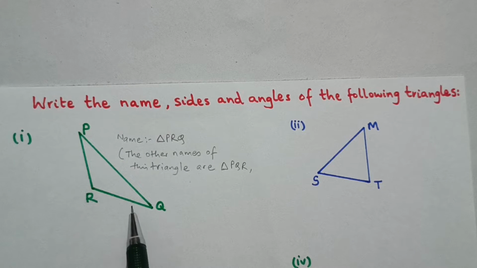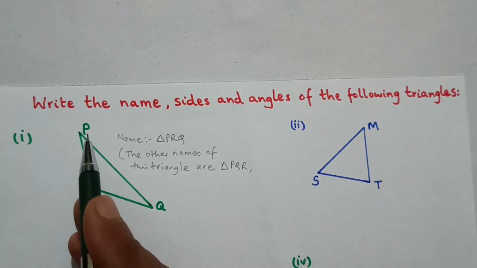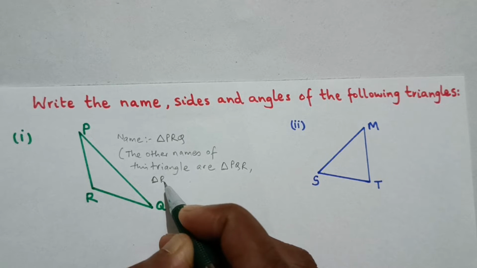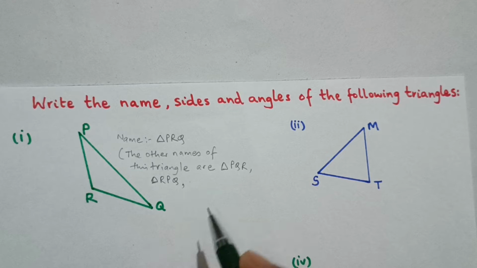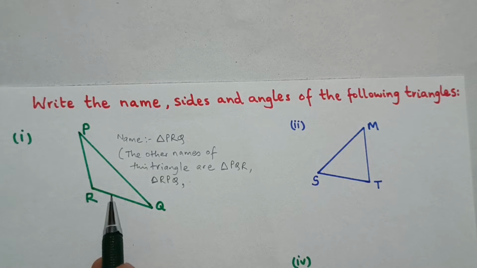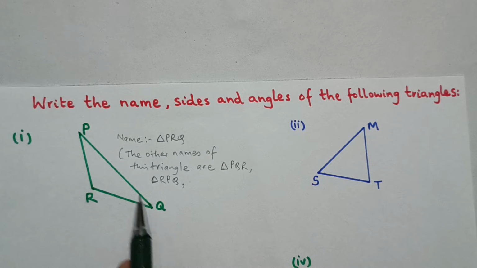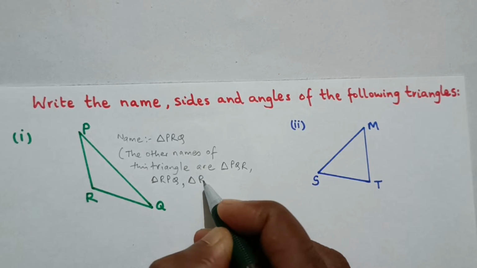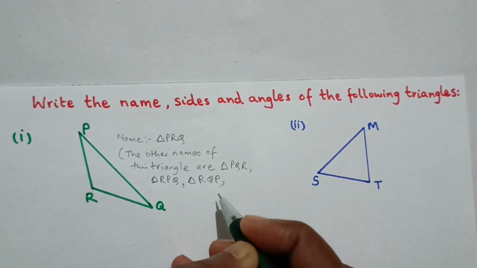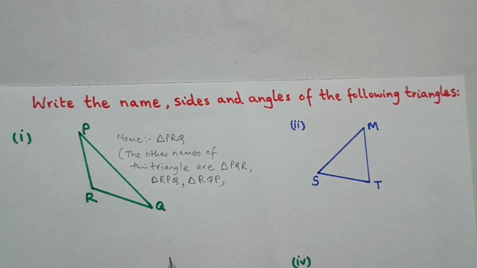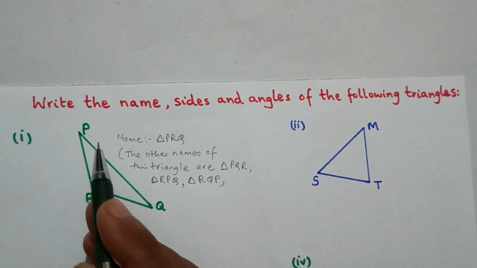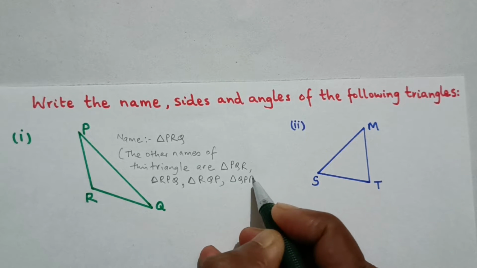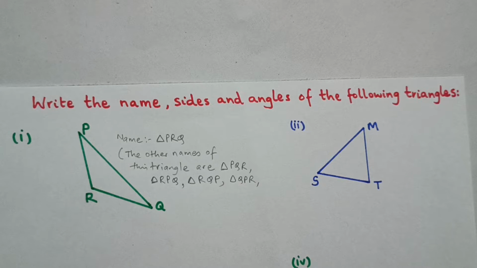Or you can call this triangle as triangle RPQ. So that is another name, triangle RPQ. Or you can call this triangle as triangle RQP. So that is another name, triangle RQP. Or you can call this triangle as triangle QPR. So triangle QPR, that is another name for this triangle.